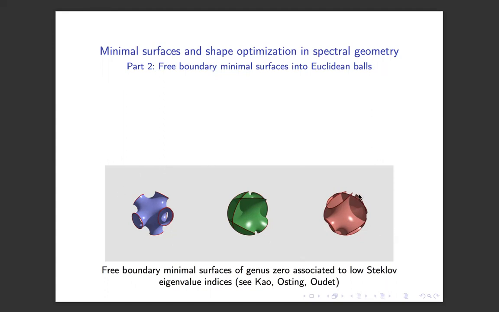And you see that in these examples, you may have immersions. In fact, when you maximize the first Steklov eigenvalue, you must have embedded surfaces. But for higher eigenvalues, it's not clear. And in fact, you can find minimal immersions which are not embedded.